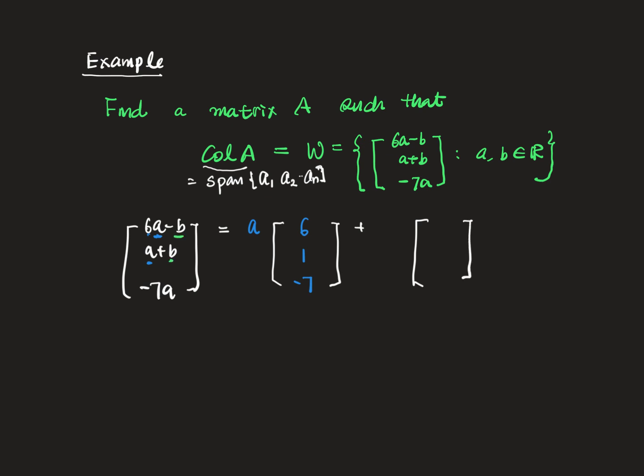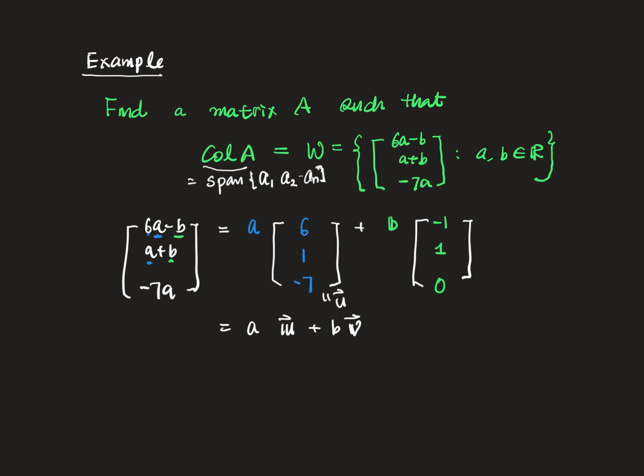Here is a -1, here is a 1, and the third row has no b, so that's 0. So this is a linear combination of what? It's a u vector, I'm going to say, times a, plus a v vector times b.